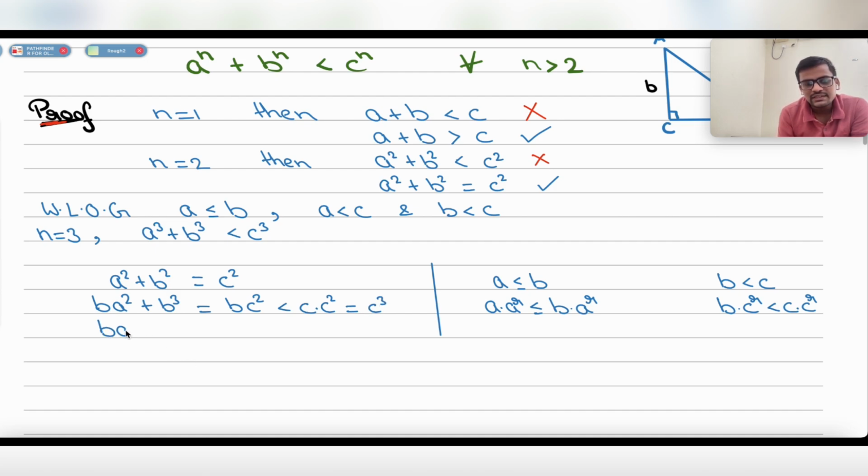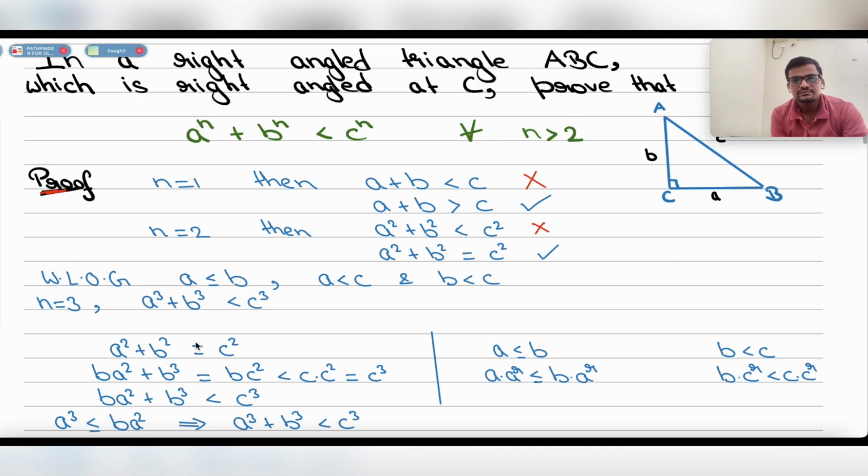So we have b a square plus b cube is less than c cube. Now this b a square is greater than or equal to a cube, so a cube will be less than or equal to b a square. So this will imply that a cube plus b cube will be less than c cube. So hope you understood n equal to 3. This is the proof for n equal to 3.